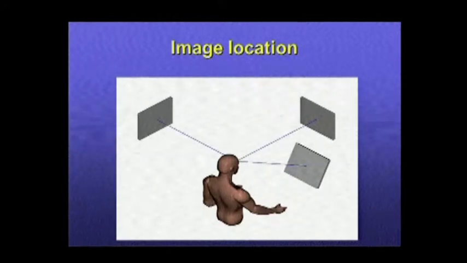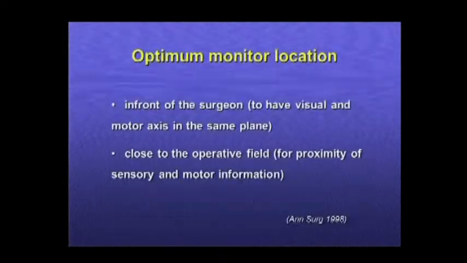I'll give you another example, which is the imaging, where we put the monitor. The earlier studies we have done showed that the monitor should be located in front of the surgeon to get the visual and motor access in the same plane, and close to the operative field to get the proximity of the sensory and motor information.